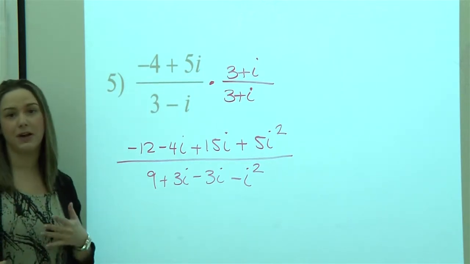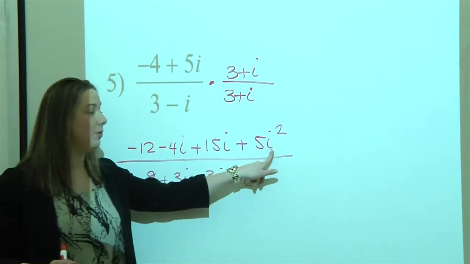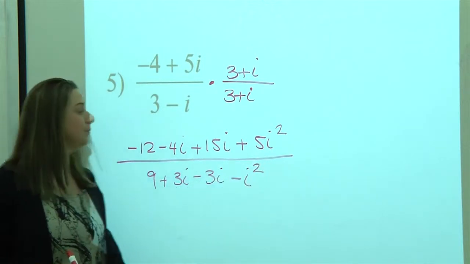Now it's time to simplify, combine like terms, evaluate i squared equals -1. So let's do that.